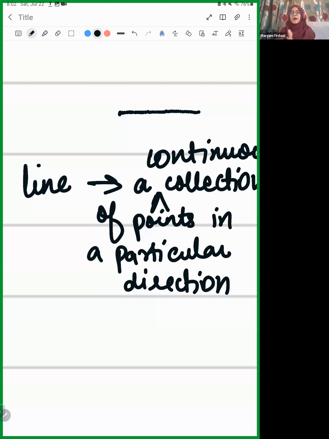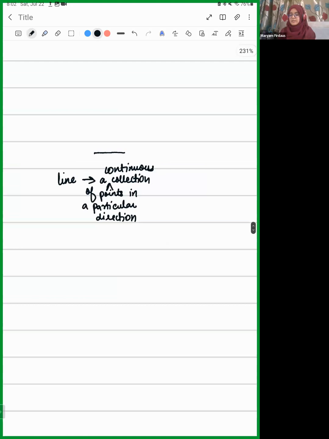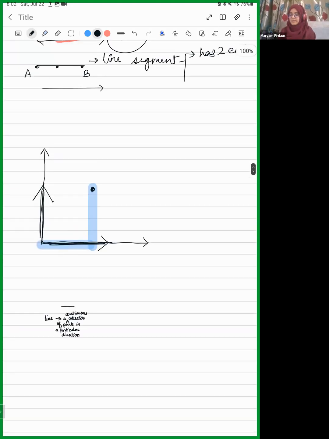Can you tell me, if I draw a line segment over here, how many points are there in this line segment? Think, just make a guess. Abdul Jabbar, how many points are there on a line segment?